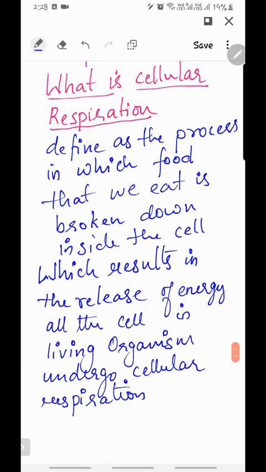There are two types of cellular respiration, anaerobic and aerobic. So whatever cell is present on this earth will have cellular respiration. There is no doubt at all.